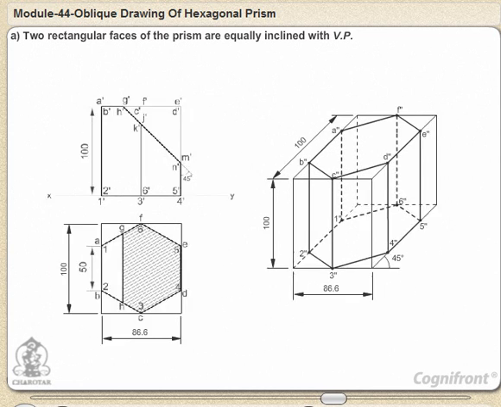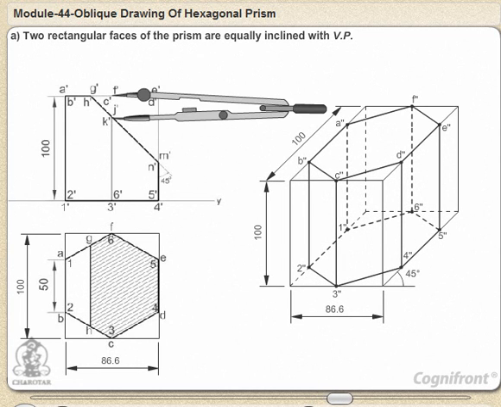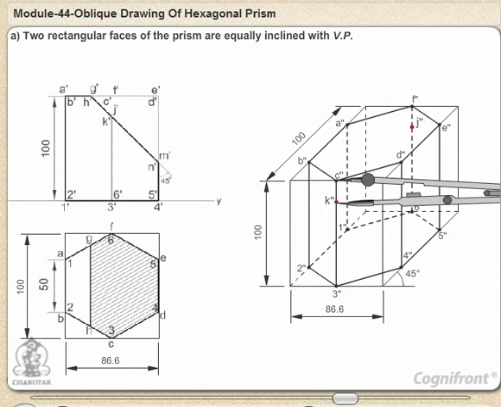Similarly, using the box method, draw sectional oblique projection as shown.